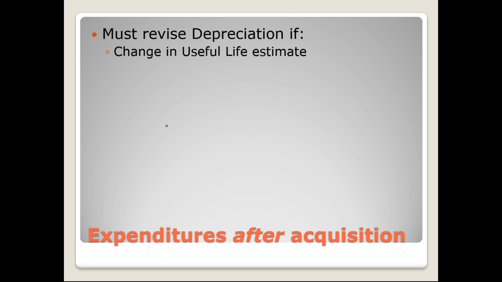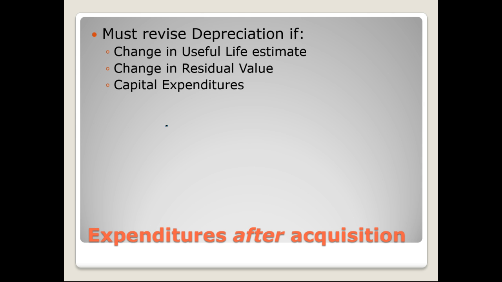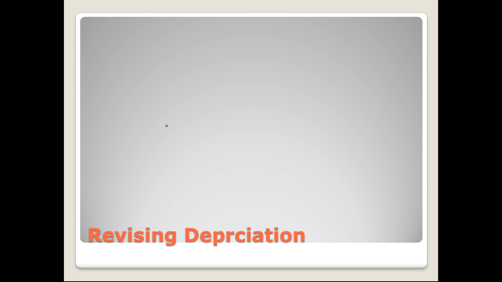346. Now, what do we do if we have a capital expenditure after depreciation, or some other thing that happens? Well, we could perhaps have a revision because the useful life has been extended, or perhaps the residual value will be different, or we've made those capital expenditures. What do we do?